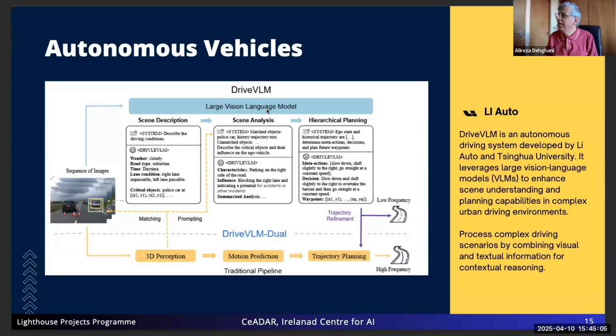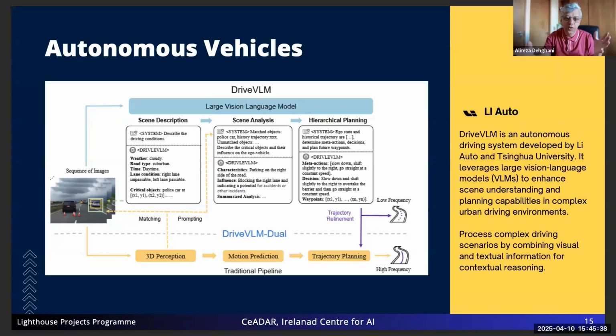Drive VLM, which is an application from Li Auto, is an interesting application. It's a smart driving system for self-driving cars. It is like putting a super intelligent co-pilot in the vehicle that can see, understand, and reason about the road like a human. By far, when we talk about autonomous driving, cameras detect the picture of the road, generate the depth map, and understand the different things. You have perhaps seen it on new cars like Tesla cars.